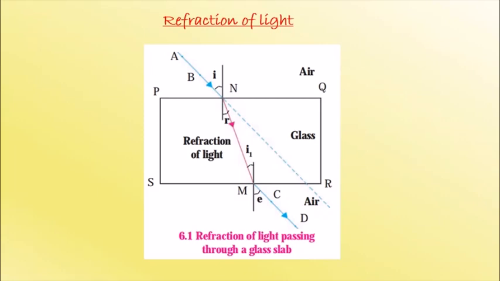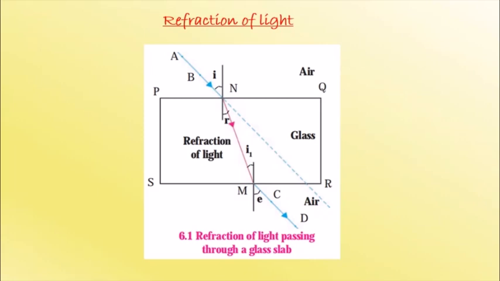The second refraction occurred when the light ray enters the air through the glass at point P on the side SR. So for the first refraction, the angle of incidence is I, while for the second it is I1, as you can see in the picture as well. The angle of refraction at N will be R.